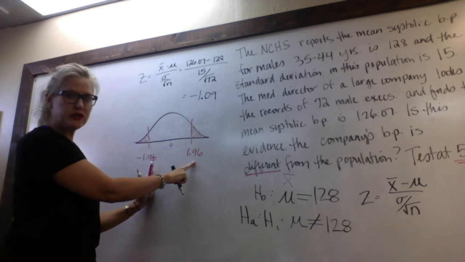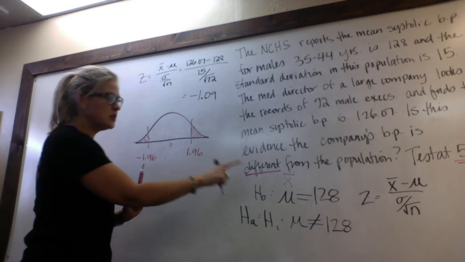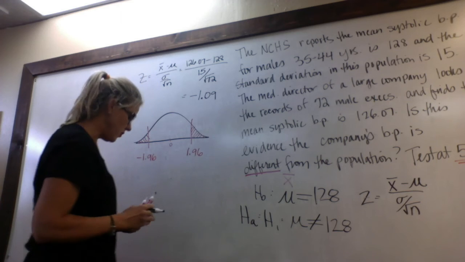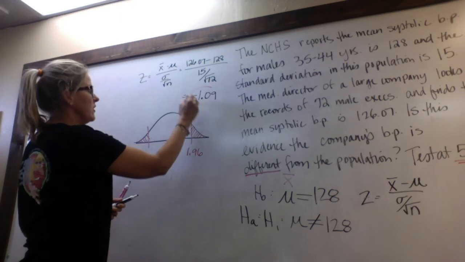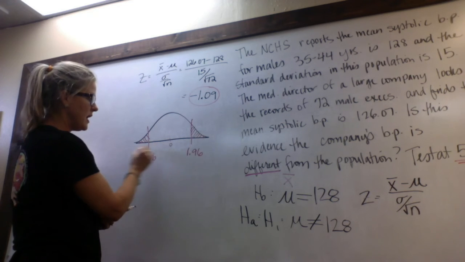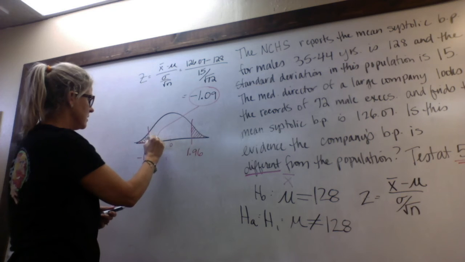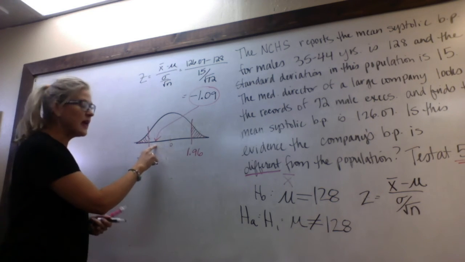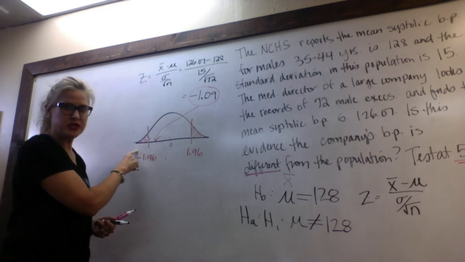These are the critical values that I'm comparing it to, to decide, do I reject or do I fail to reject? So if I plotted this value on my number line, that would fall approximately there. It would not fall in the rejection region.